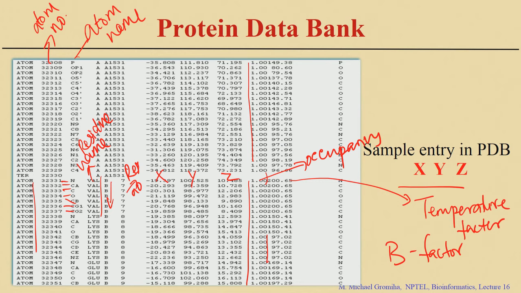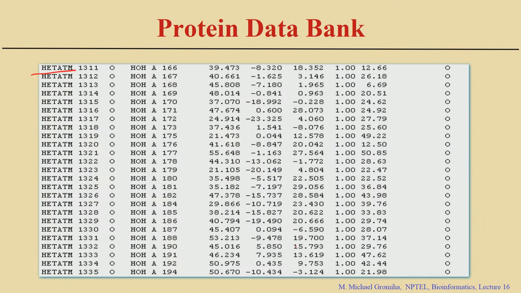If you see this data, for example, I show the structure right here. These are highly flexible because the values are very high, because this is from the DNA and this is from the protein side. In some cases, where the values are lower, these atoms are rigid.